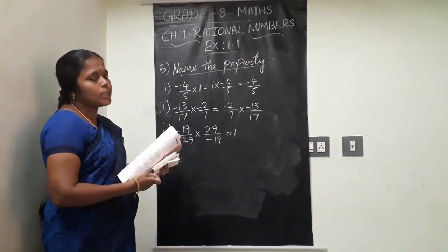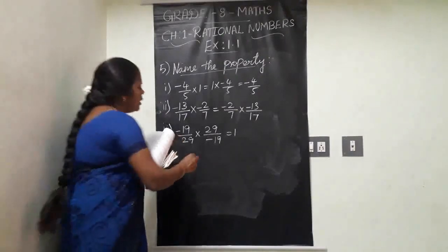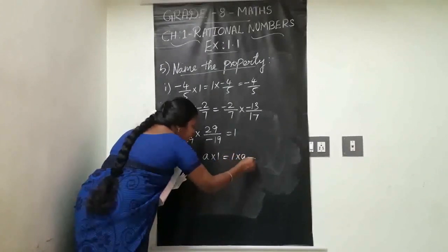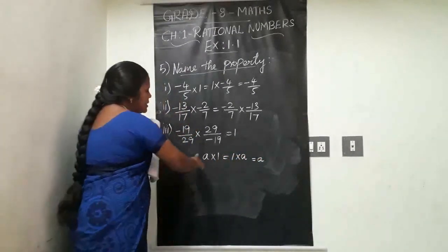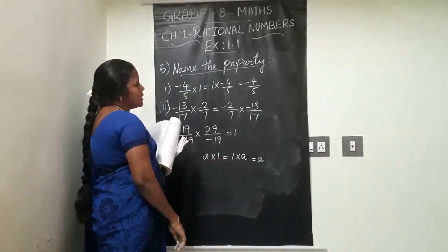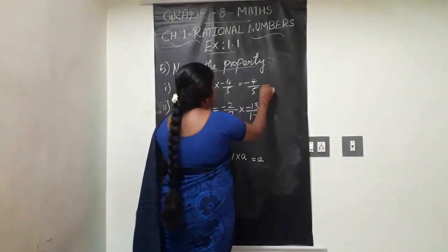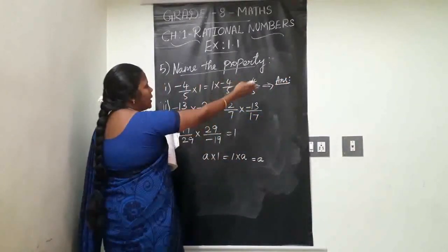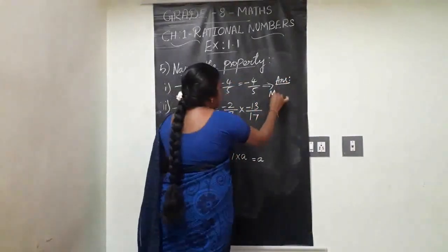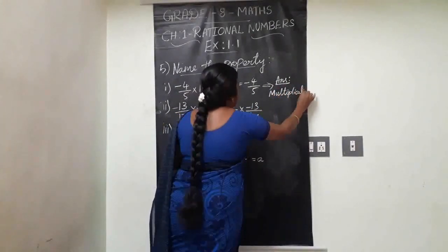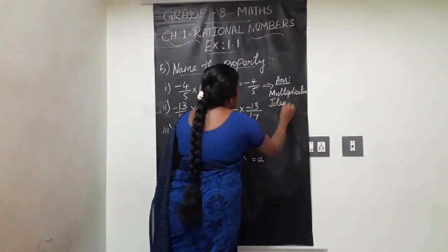In general, for any rational number a, a into 1 is equal to 1 into a is equal to a. This is multiplicative identity. Based on this only, the question is given, so we can write the answer here. Only the property name we have to write: multiplicative identity.